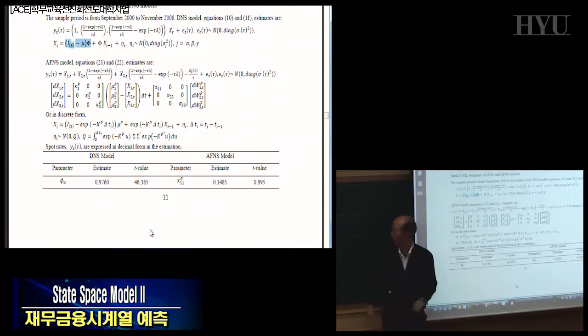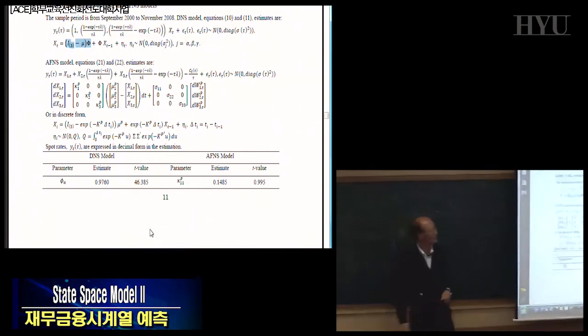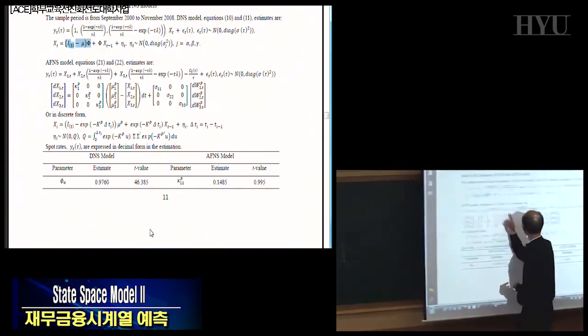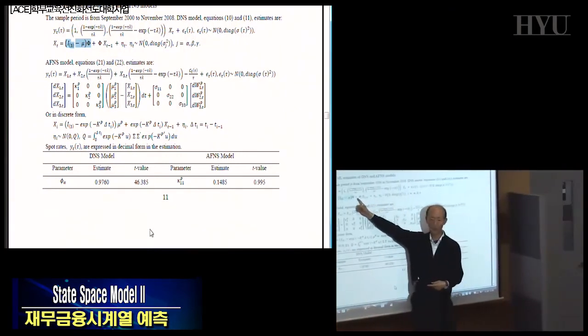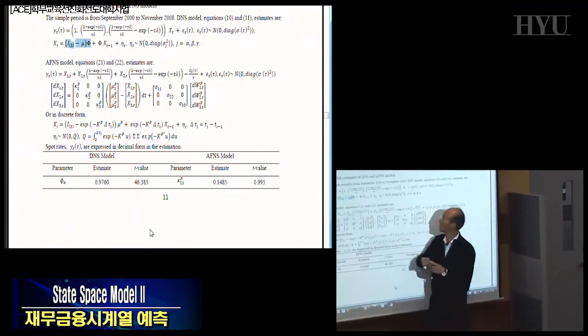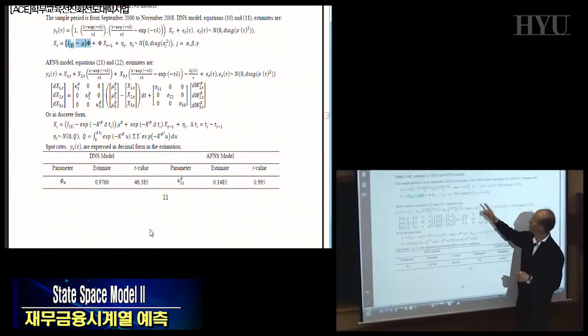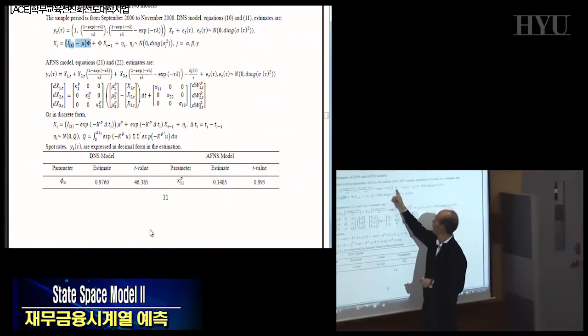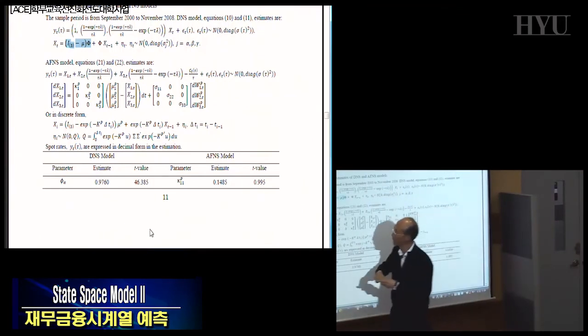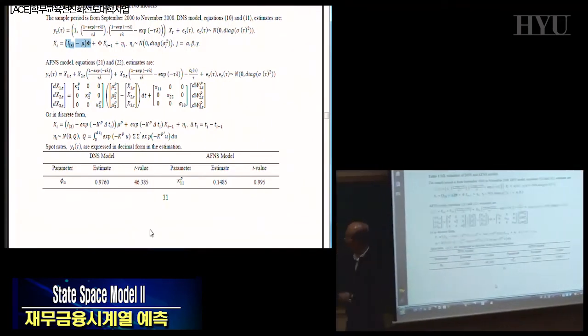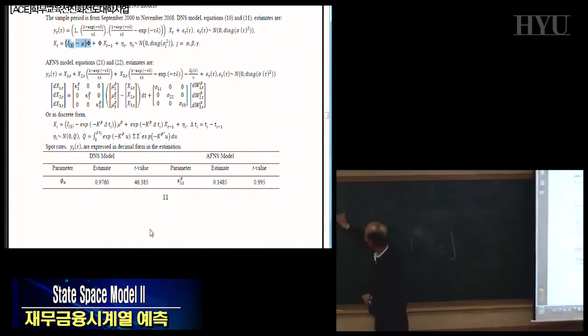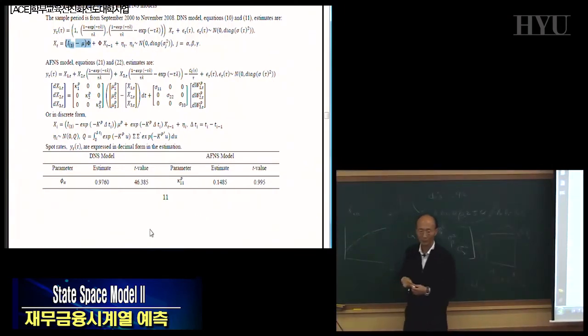Suppose you have all those converged estimates, and somehow you calculate this one. The one I calculate is x_t given t, so 1 and 1.